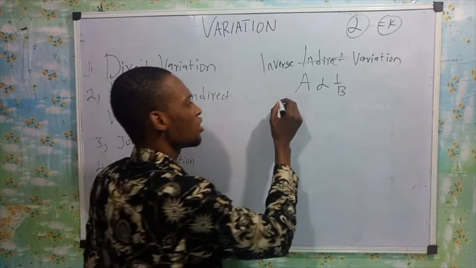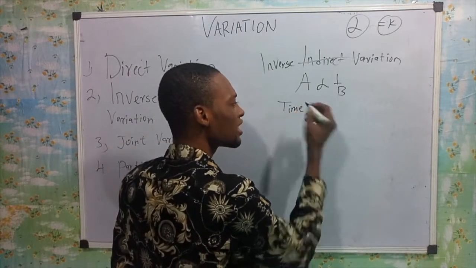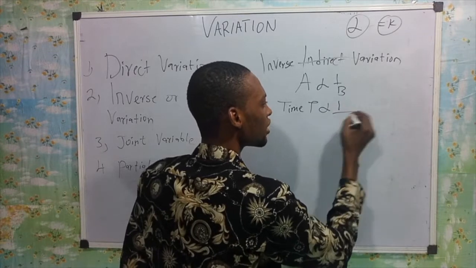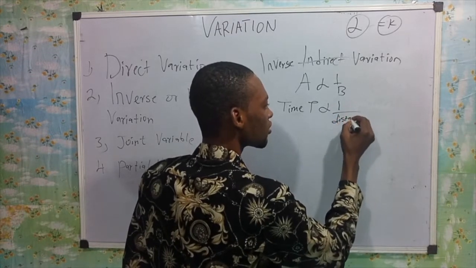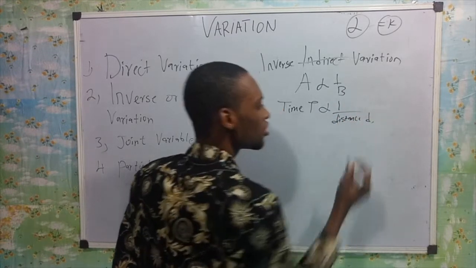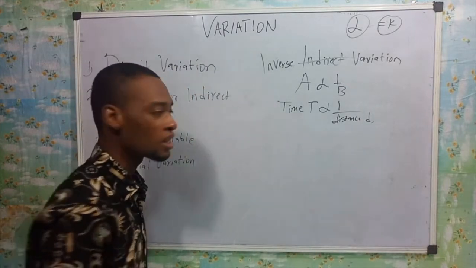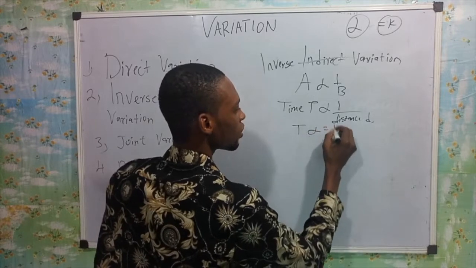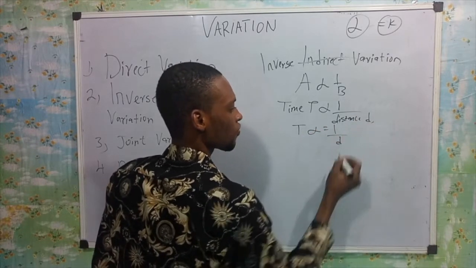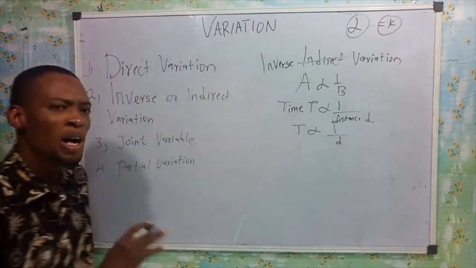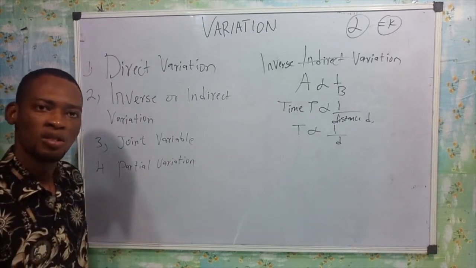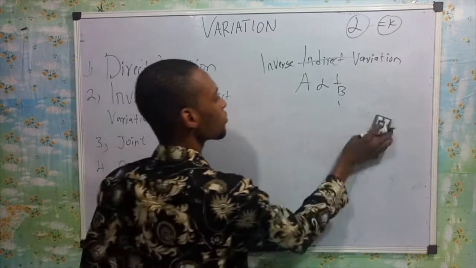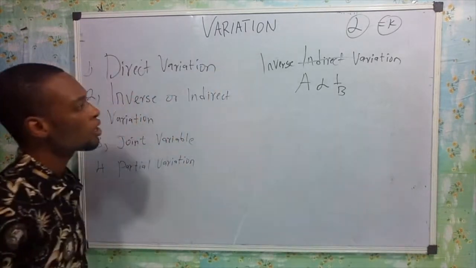So in this case, let time T vary inversely as 1 over distance D. So to make life easy for yourself, you can say time is T, and 1 over distance is D. So you are home and dry. So are we game? Good. So this is it for you.